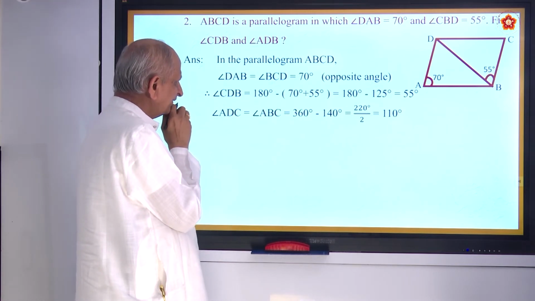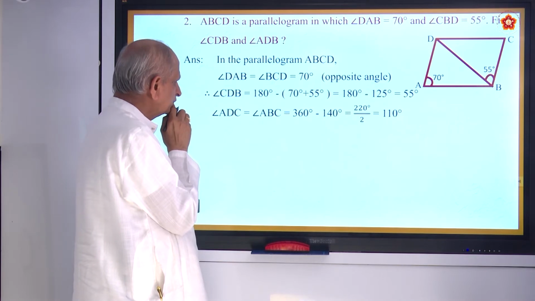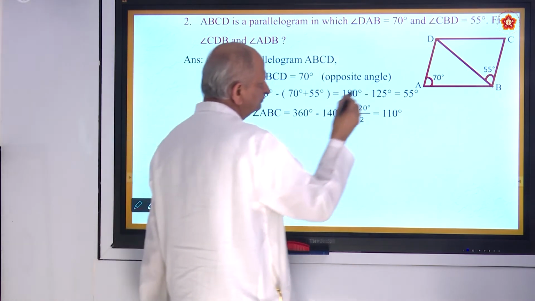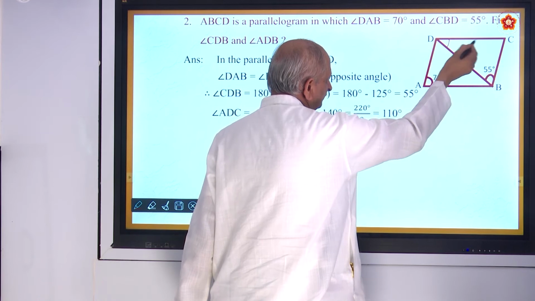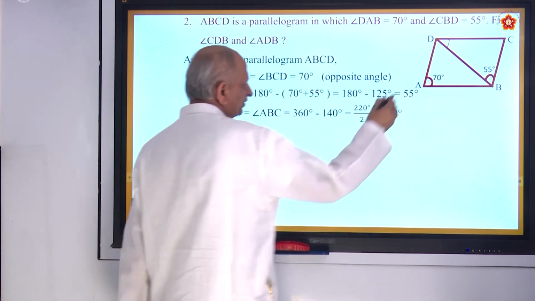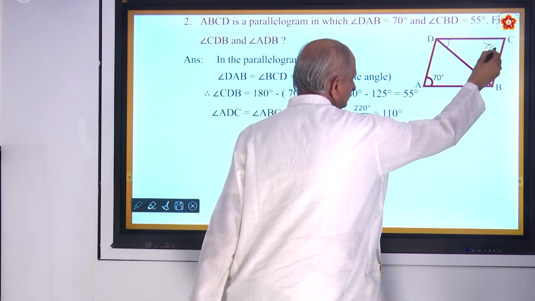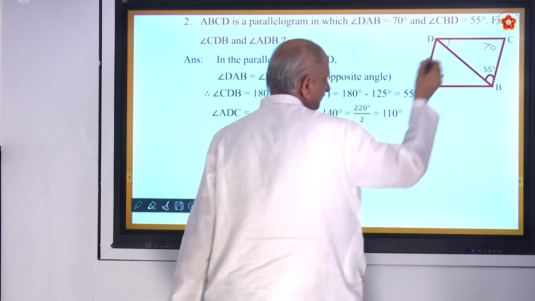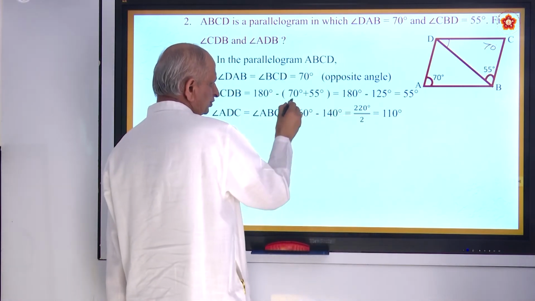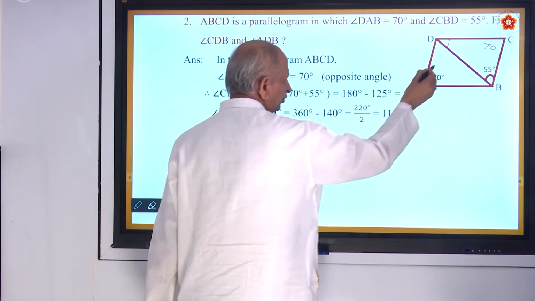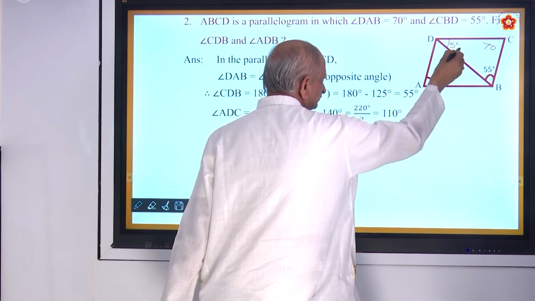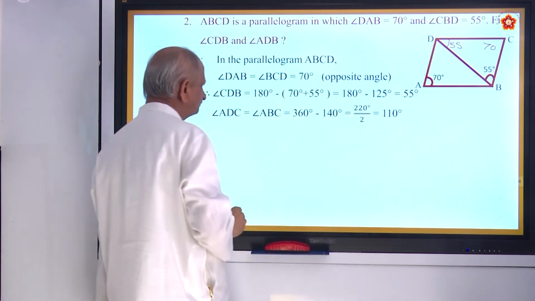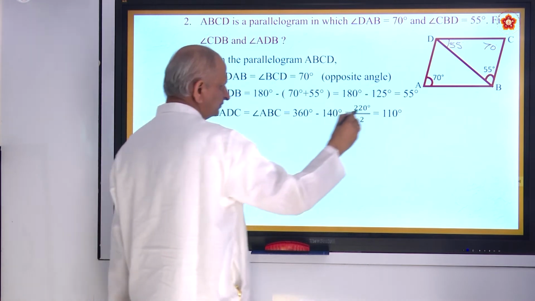Why is it 70 plus 55? CDB in this, so this is 70. So 70 plus 55, 125. So 180 minus 125 is equal to 55. First step.